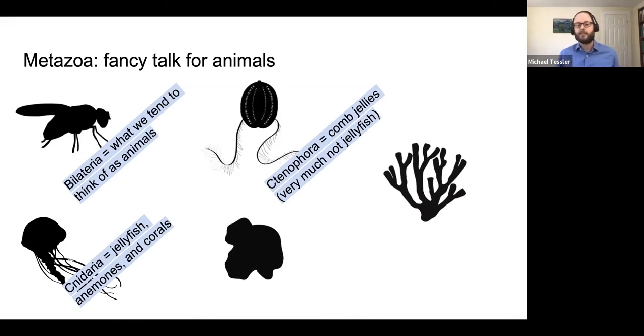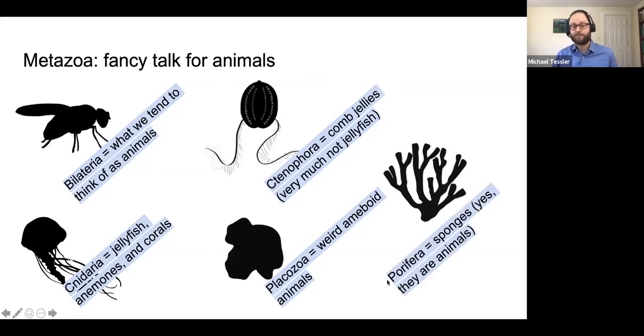And so comb jellies look a whole lot kind of like jellyfish at a cursory glance, but they're really very much not jellyfish. They have a lot of unique features that quite clearly differentiate them. We also have placozoans. So these are very tiny. They're kind of amoeboid. They have very few of the features you would consider to be animal-like.